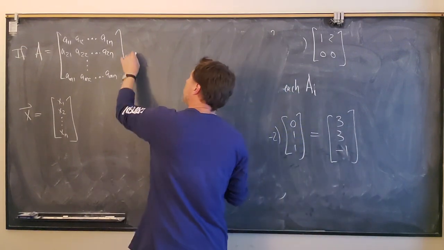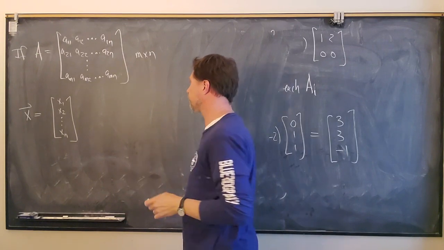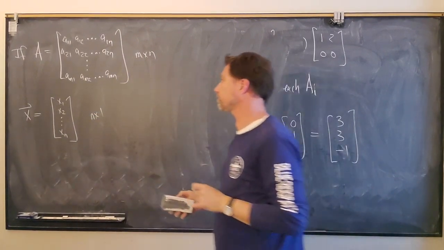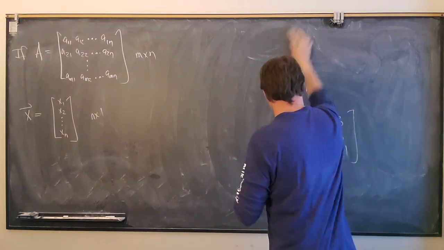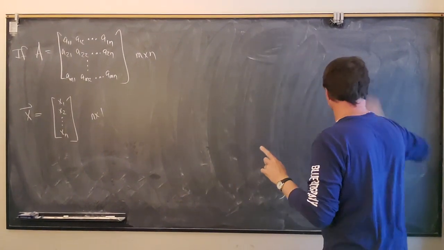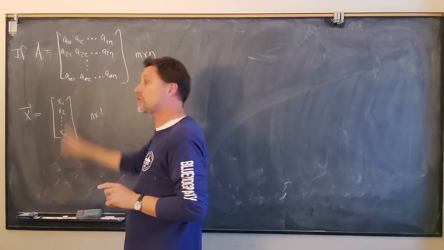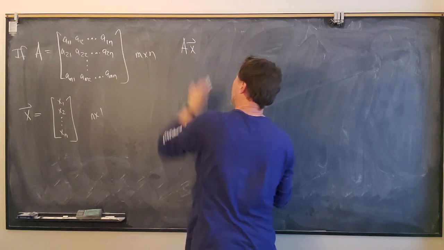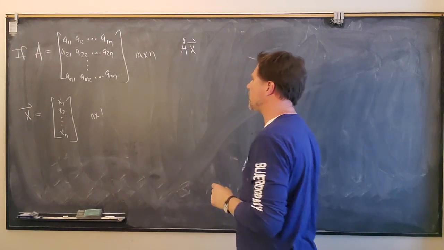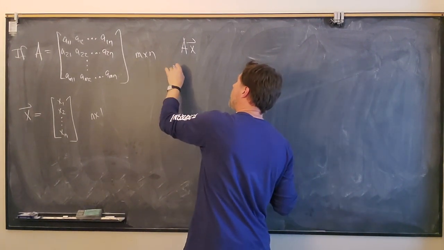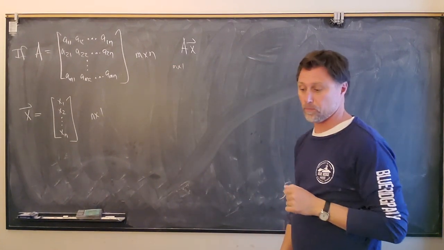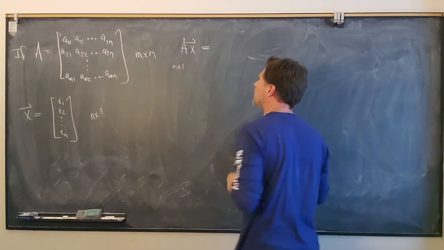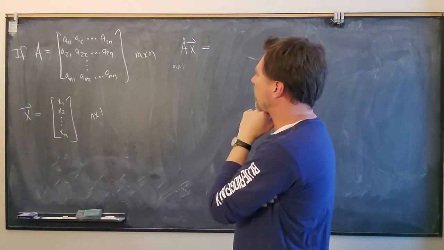So what we have right here is an m by n matrix, and we have an n by 1 matrix here, which means that it's legal to multiply these matrices together. A times x, what's it going to be? It's going to be an m by 1 matrix, right? So let's write this out now. Let's see, so how's this going to work?